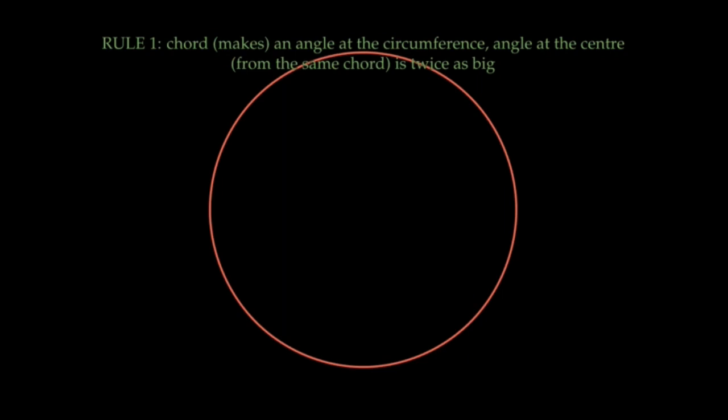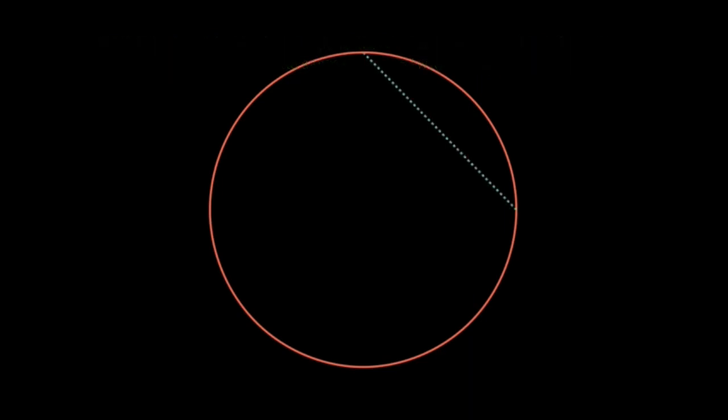So if we were to come up with our chord again, the two far ends of the chord are basically points, and we can connect those points to the center of the circle to make up an angle. Now, the angle that we're going to produce from there will have a special property in relation to the first theorem of circle geometry.